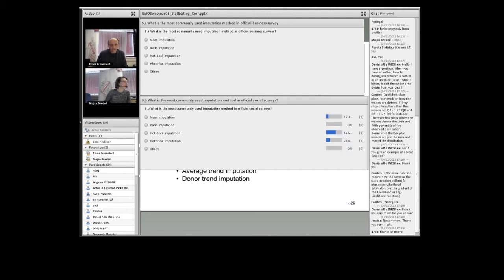It is in a way expected, because the truth is that hot deck imputation is, without question, the most widely used in social surveys. Why? Because most social surveys have a lot of categorical variables, and I think the only method that can really be used for each type of variable is hot deck imputation.